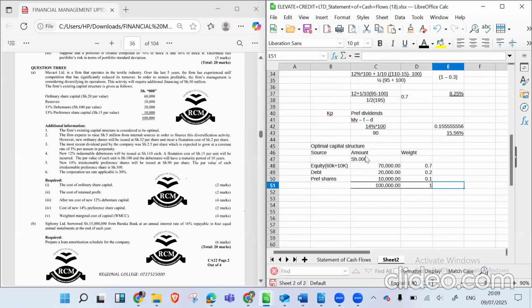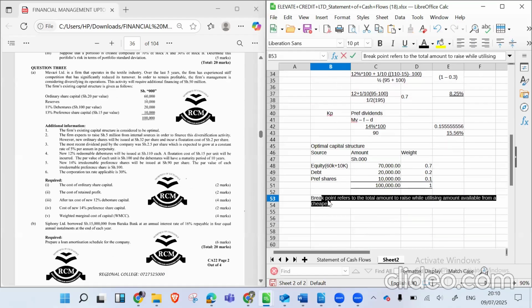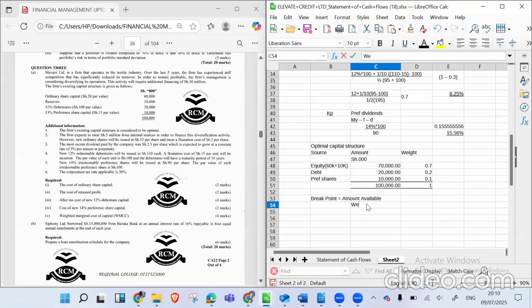So therefore, I come here and ask myself, can I get the breakpoint? The breakpoint equals amount available divided by weight.